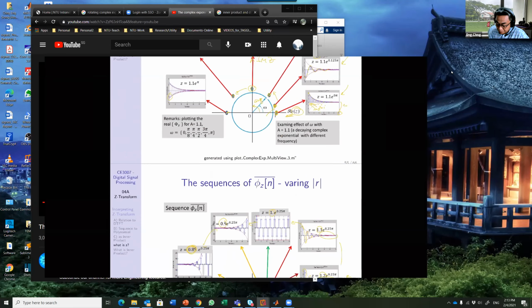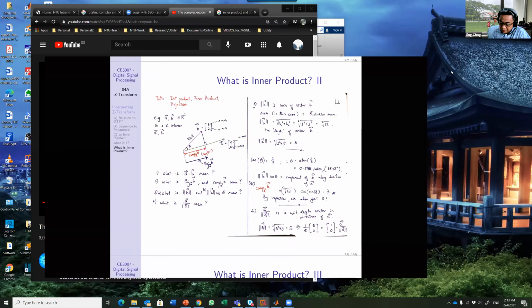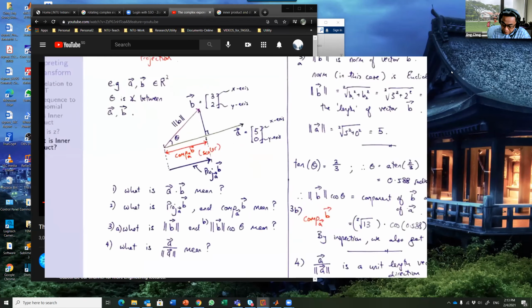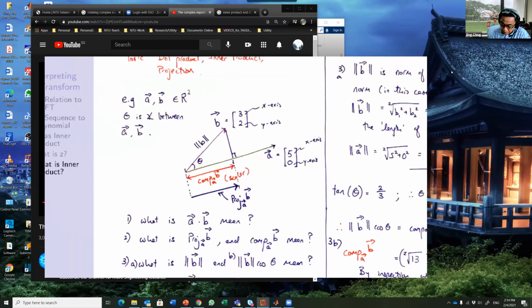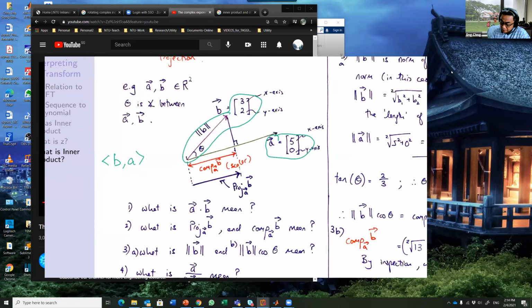Okay. But now let us interpret why we are doing inner product. In this example, let us have a vector B. And let's have a vector A. And I'm going to do B, A. And what do I get? And what does it do?